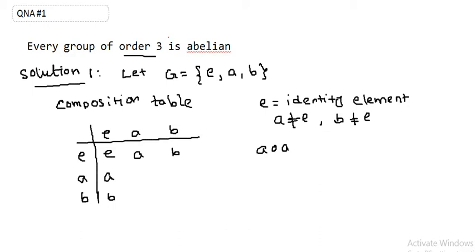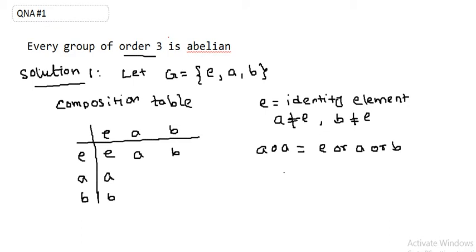Because G is a group, after the composition the result must be an element of G. So there are three possibilities: A composed with A will be either E, or A, or B. These are the three possibilities for the value of A composed with A.